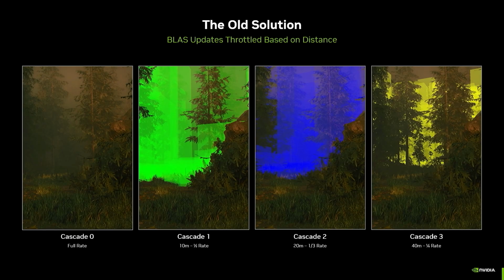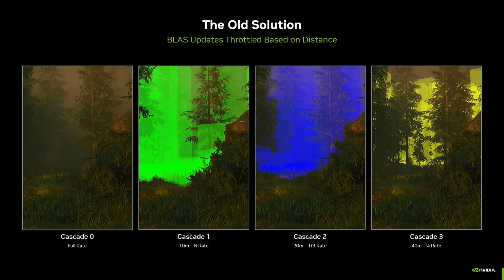In the original game release, the solution to keep the BLAS building at reasonable levels was to limit the rebuild frequency based on distance from the player. The view distance was split into cascades, and near the player, everything was updated every frame. And then in the areas at longer distance from the player, the game starts to skip the rebuilds.